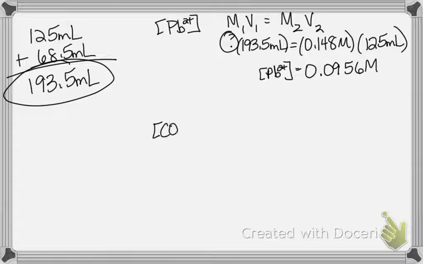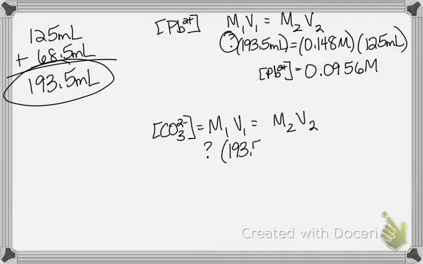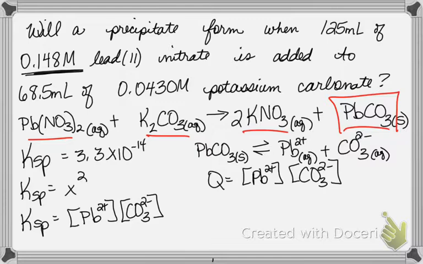Likewise, we need to figure out the concentration of the carbonate. M1V1 equals M2V2. So what is the concentration of the carbonate in the 193.5 milliliters? And where's the carbonate coming from?